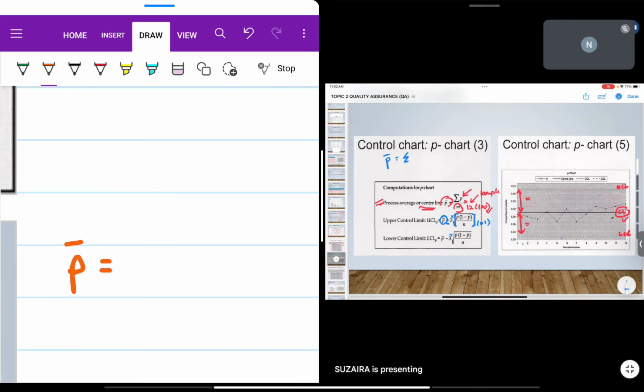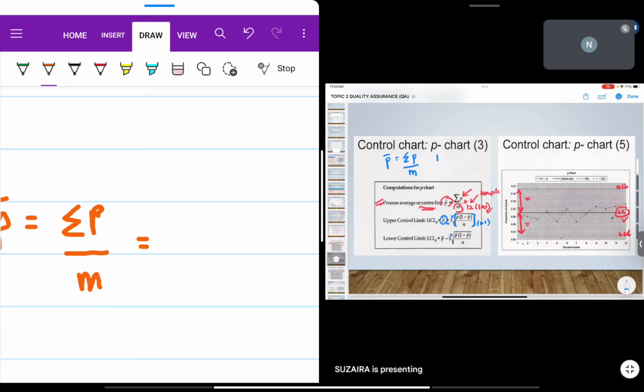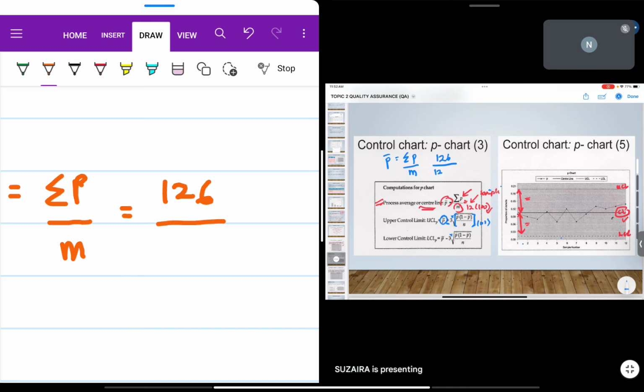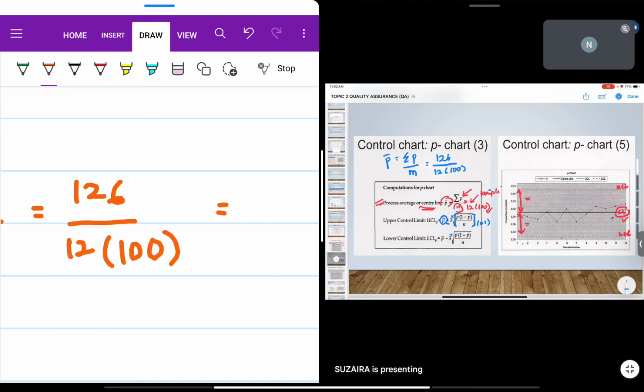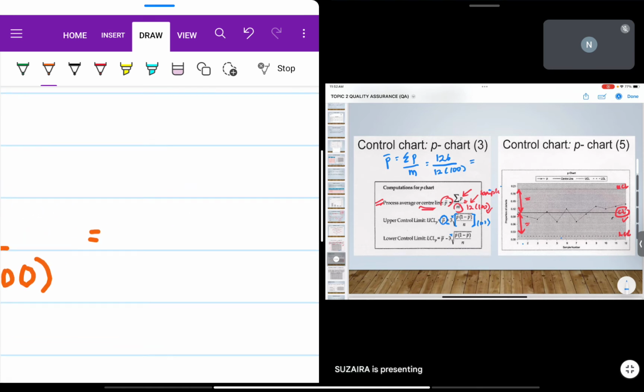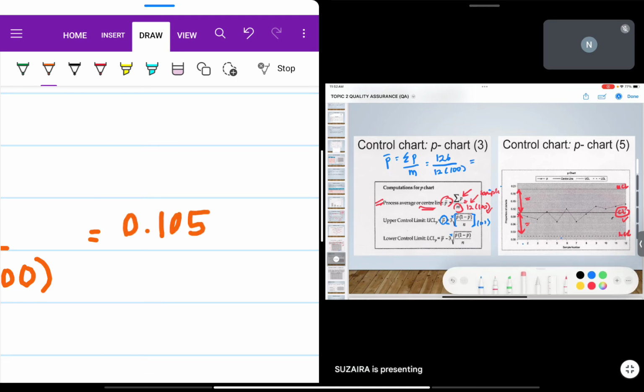P bar is equal to the sum of P divided by M. So M here is 12, and we have 126, divided by 12, times 100. So how many do you get? 126 divided by 1200 is 0.105.